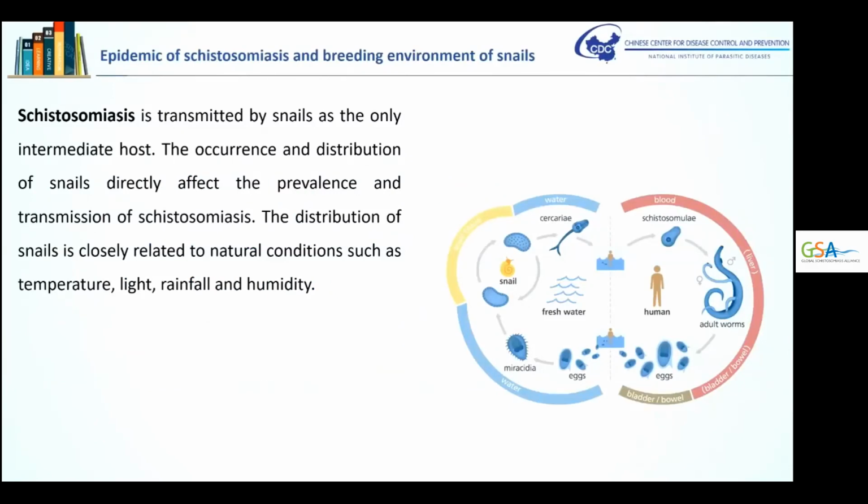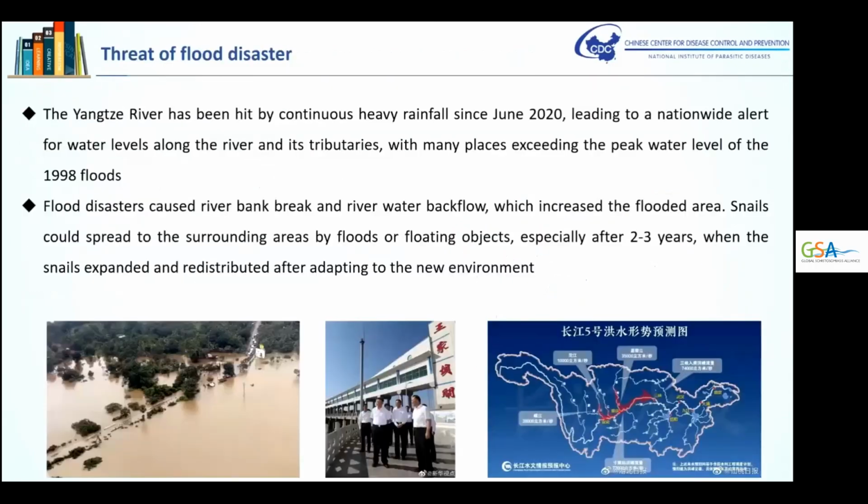Schistosomiasis is transmitted by snails as the only intermediate host. The occurrence and distribution of snails directly affect the prevalence and transmission of schistosomiasis. The distribution of snails is closely related to natural conditions such as temperature, light, rainfall, and humidity.